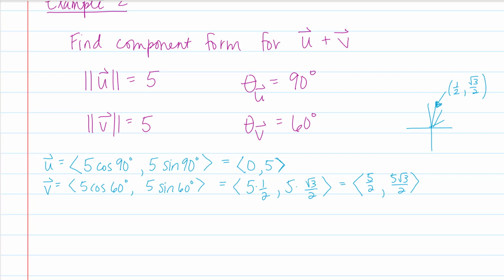Okay, so now I can find my sum. u plus v is 0, 5 plus 5/2, 5 root 3 over 2.